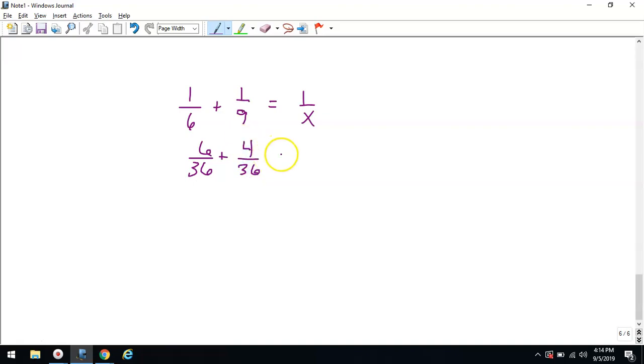So 6/36 plus 4/36 is 10 over 36, which is equal to 1 over x.